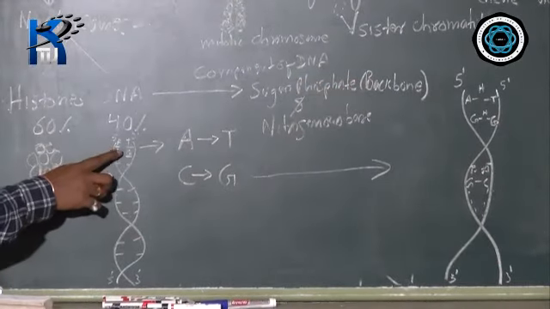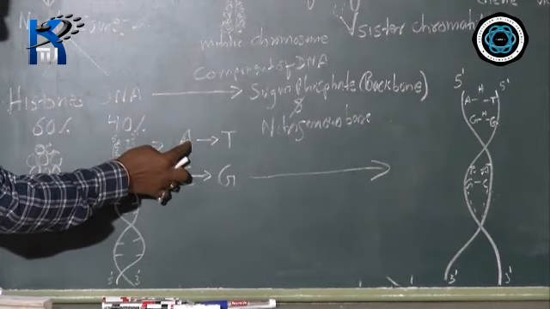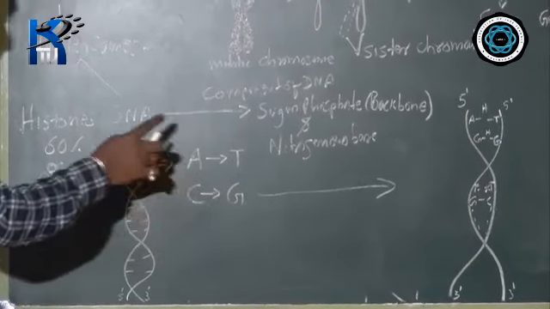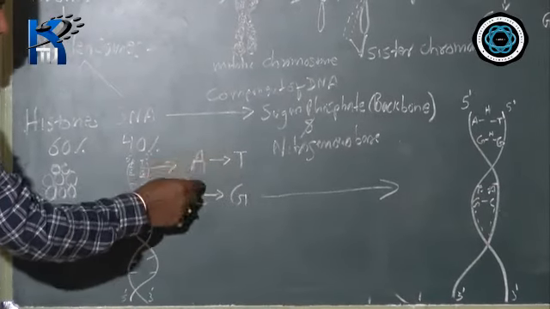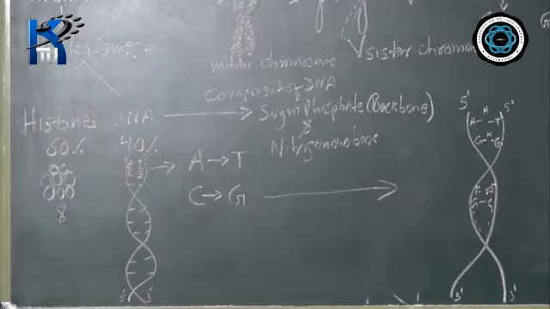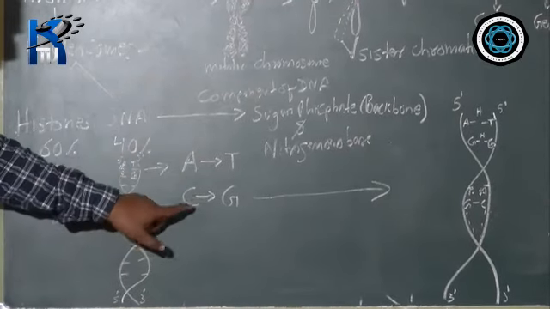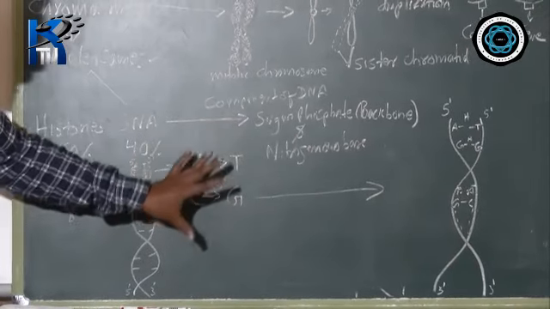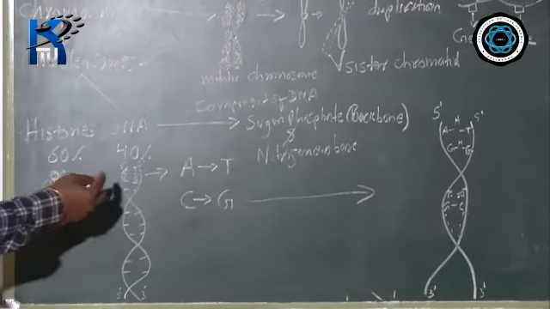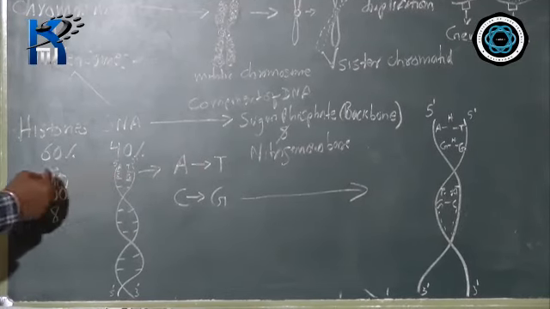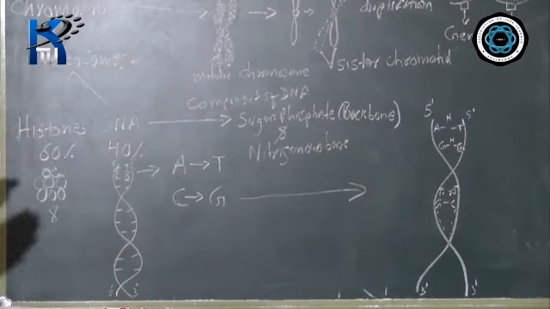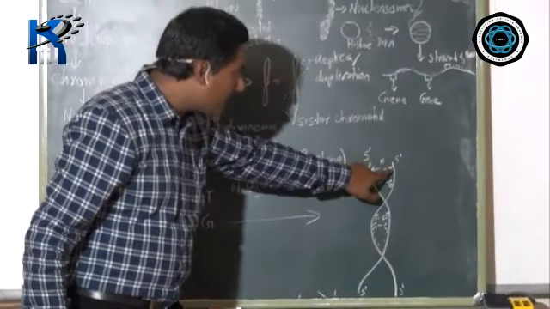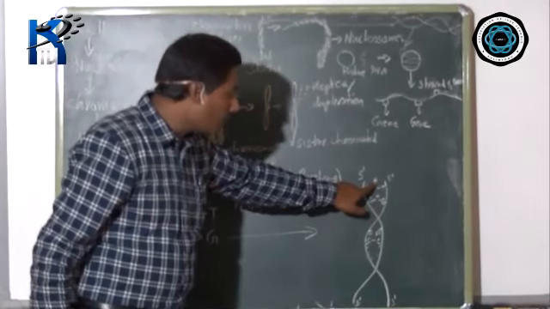And in between you see A and T, C and G. These are nitrogenous bases. A stands for adenine, T stands for thymine, C stands for cytosine, and G stands for guanine. These are the 4 nitrogenous bases which remain in between the 2 strands. They get connected by a weak hydrogen bond. That means between adenine and thymine there is a hydrogen bond.